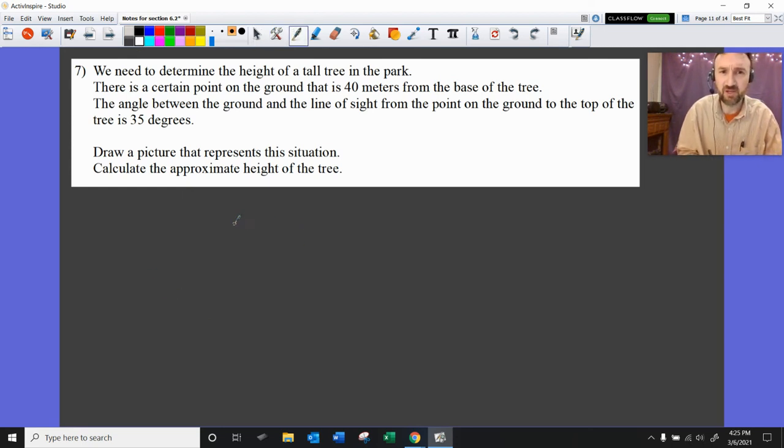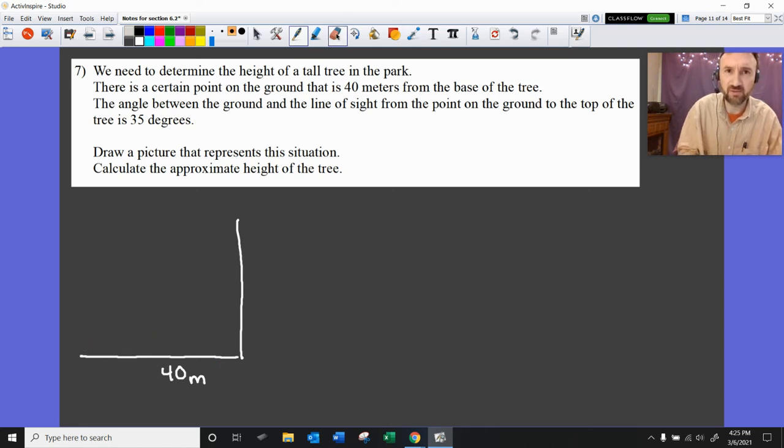Okay, so I'm going to have a tree. And then along the ground here, this is 40 meters. And then the angle to the top of the tree, I think my tree is a little tall. The angle to the top of the tree is 35 degrees.